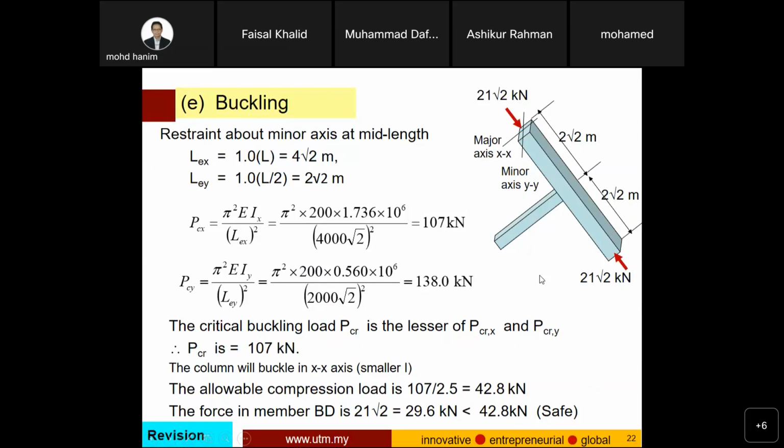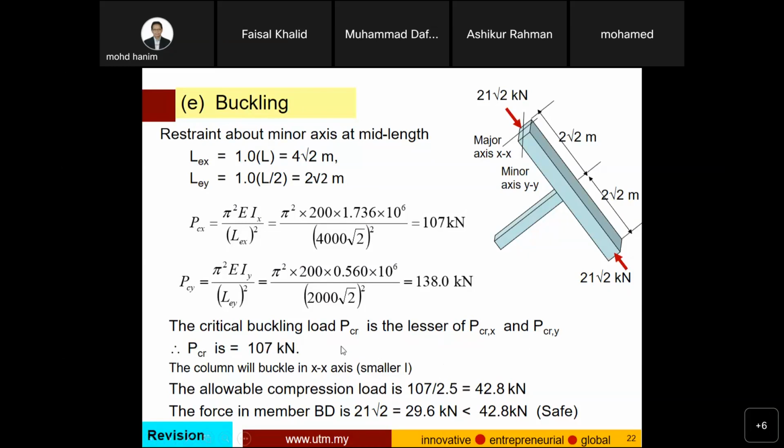Okay, then what next? The allowable compression load is 107 divided by factor of safety. 2.5 is the factor of safety.